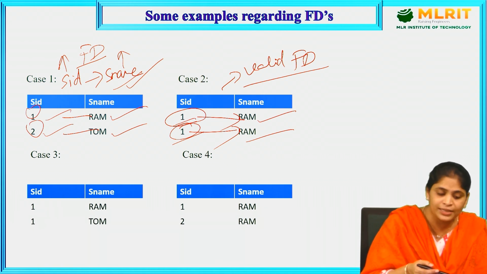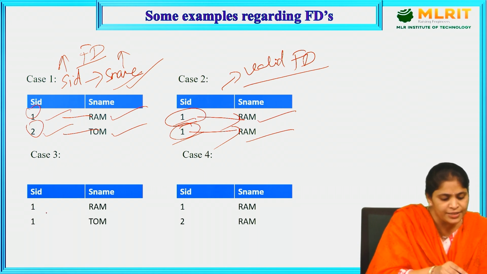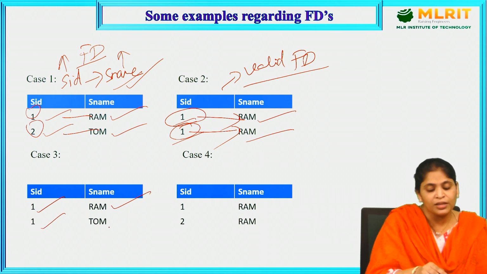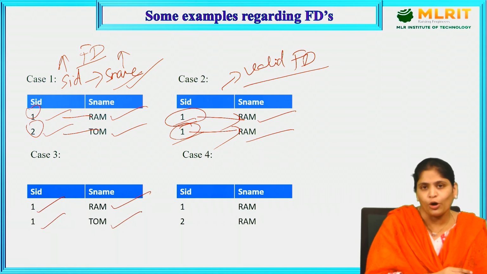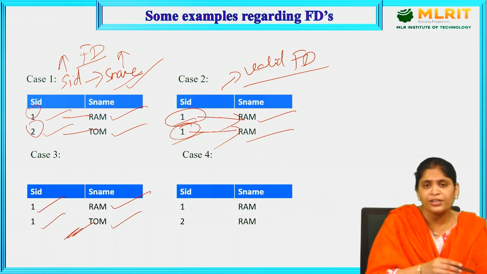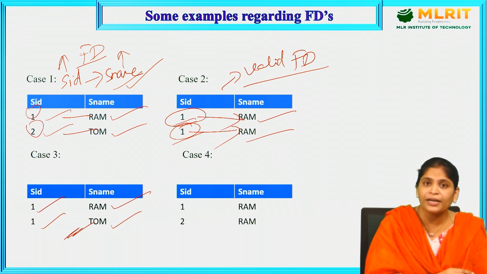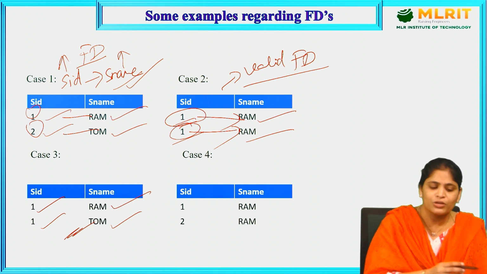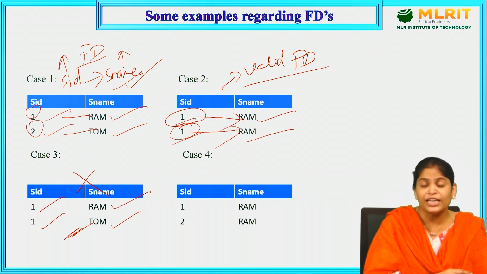Now let us see the third case. The ID is 1 and the name is Ram. Again the ID is 1 and the name is Tom. Is it possible in real scenarios? No. The same ID or Aadhaar cannot be given to two different persons. So this is an invalid FD.